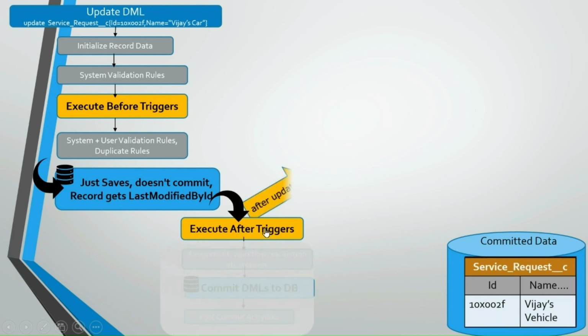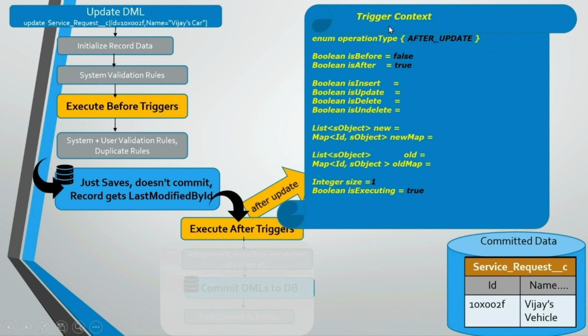At this step, the record in the database still has the old data because it is not yet committed. Of course, it saved the data, but it is not visible to others. And for after update, Salesforce is going to give us the trigger context variables and their values like this. Operation type is going to be assigned as after_update for the after update event.